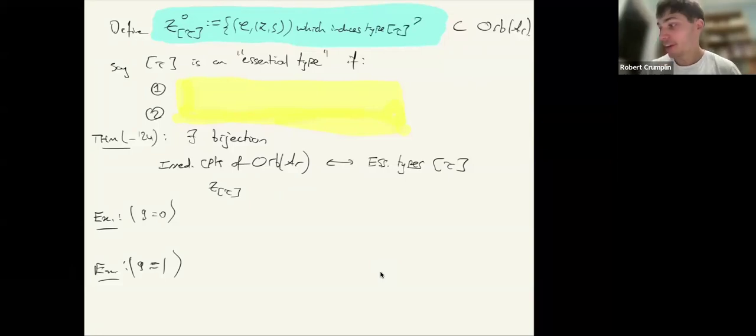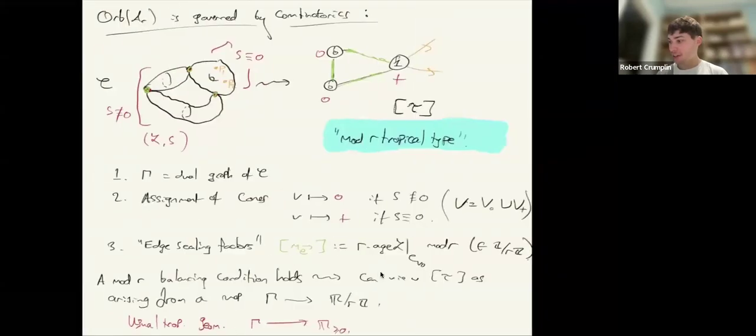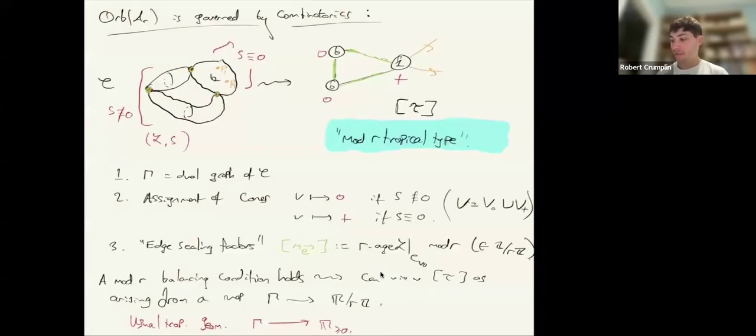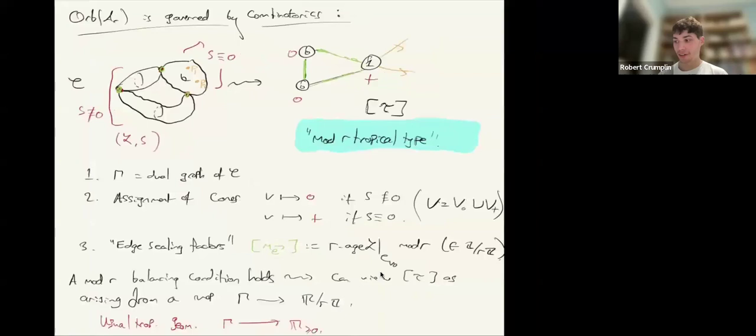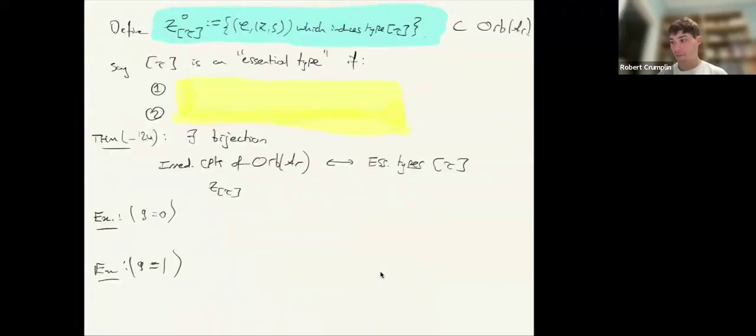For every triple CLS, I can draw a picture just like on the previous page. As I vary over CLS which induce a fixed picture, it cuts out some locus in the space, and that locus is Z tau circ.